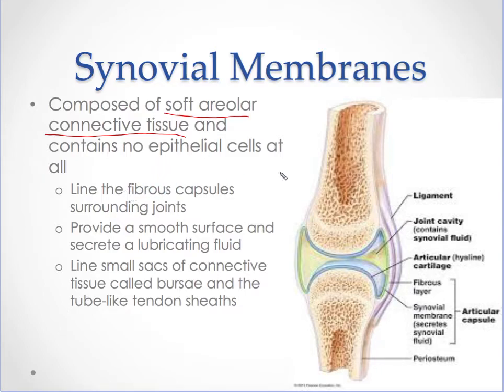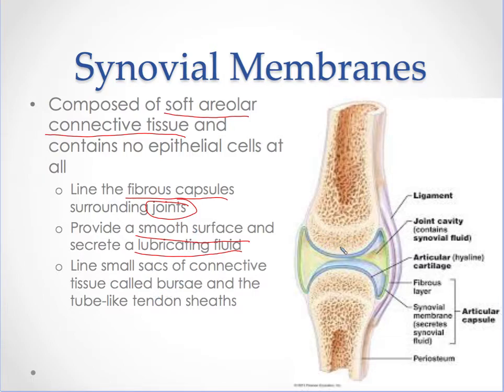So these types of membranes, your synovial membranes, line your joints. So these are capsules surrounding your joints. We're going to talk about joints in a couple units, and we're going to talk about synovial joints, which are joints that move. These are all lined by synovial membranes. So they provide a smooth surface, and they secrete synovial fluid, which is a lubricating fluid to prevent friction.